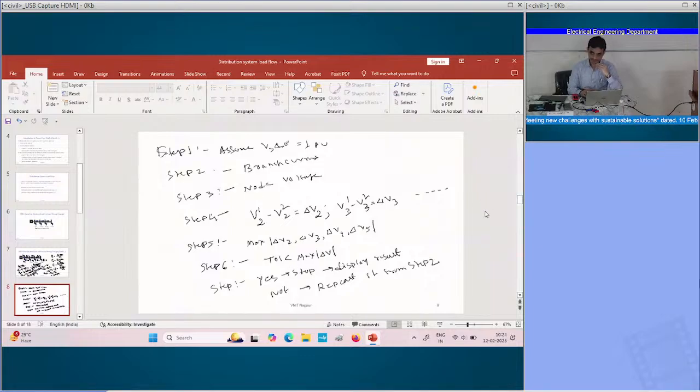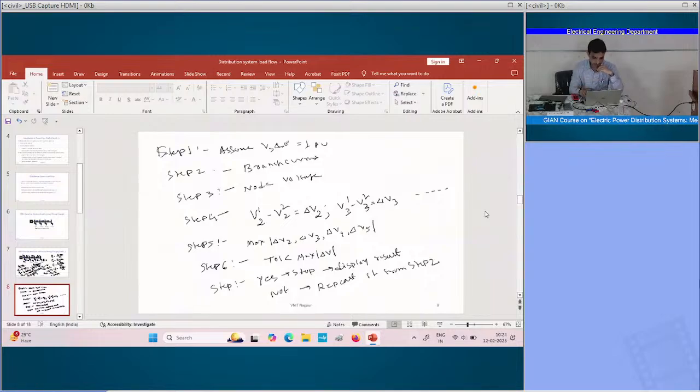Okay. Now as we know, most distribution systems are unbalanced systems. While we go for the analysis of an unbalanced system, what will be the role of the impedance?